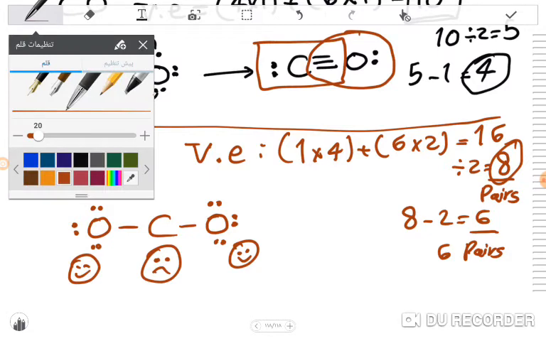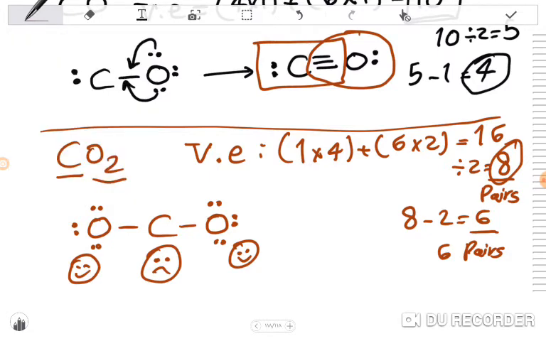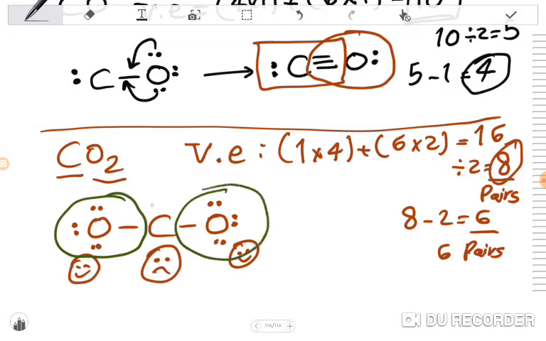Why? Oxygen is octet, carbon is not octet. The 2 oxygens say to carbon, don't be worried. Again, we will help you.